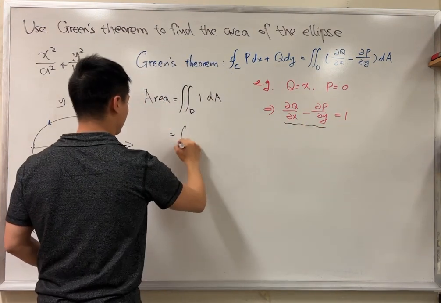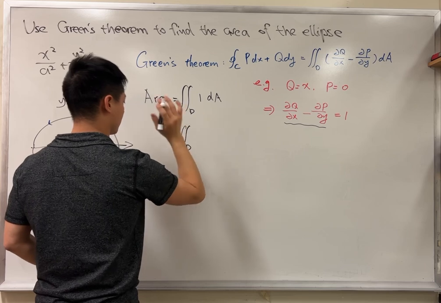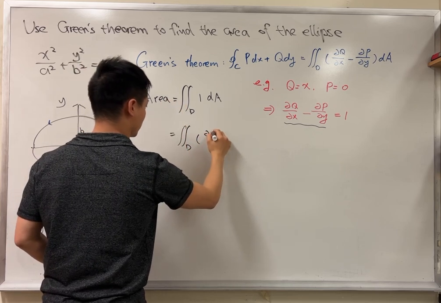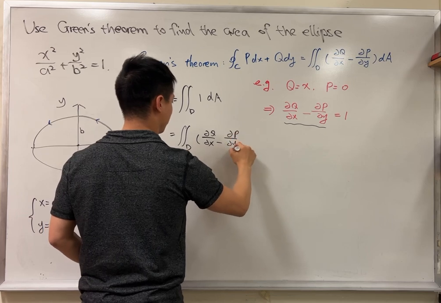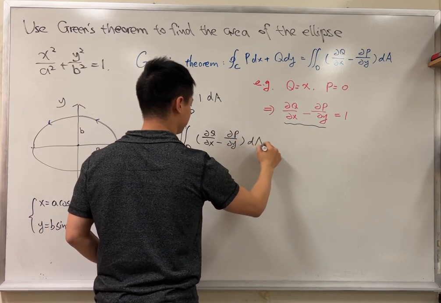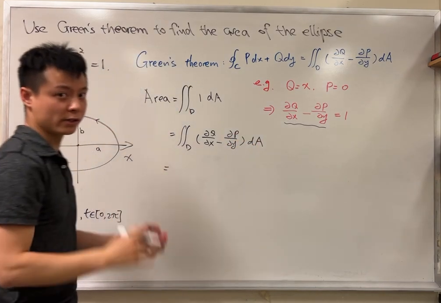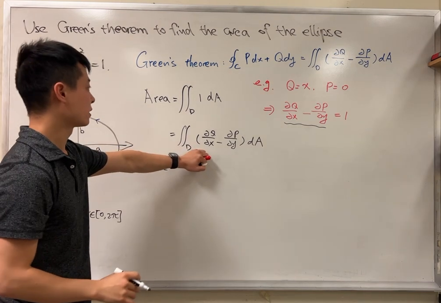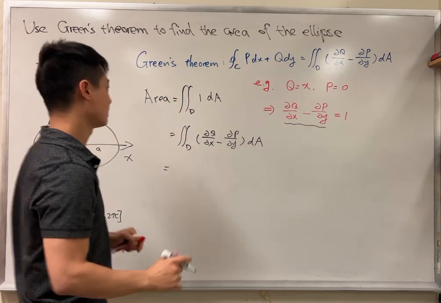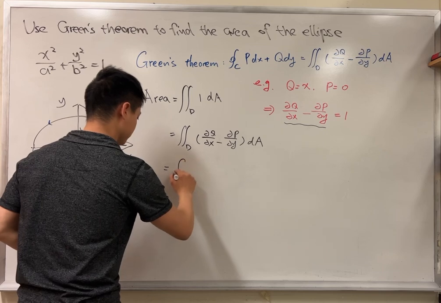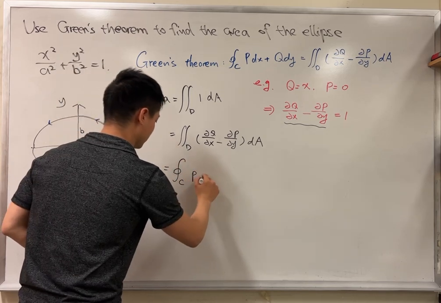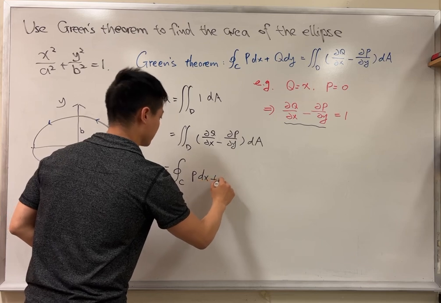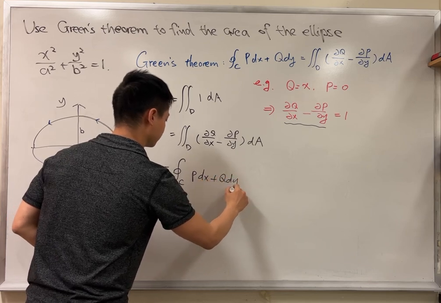So then we can write the double integral of partial Q partial x minus partial P partial y dA. And then according to Green's theorem, this expression can be changed to this one, and that is going to be the line integral over the curve C of P dx plus Q dy.